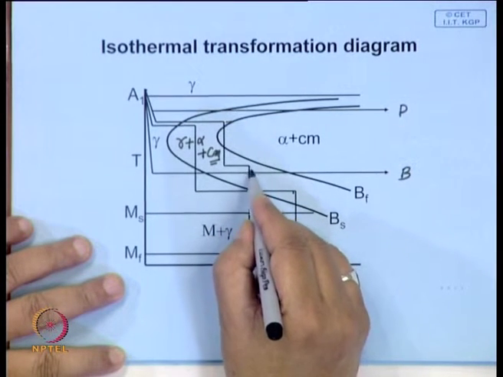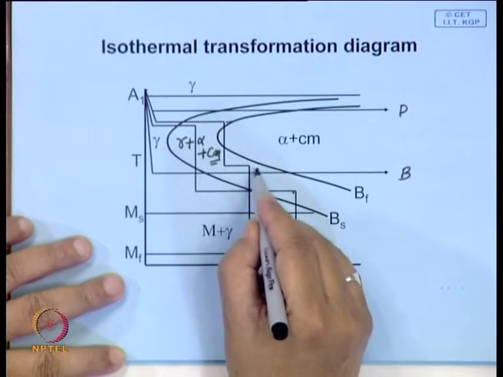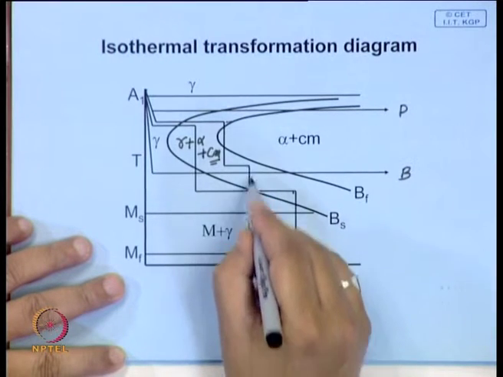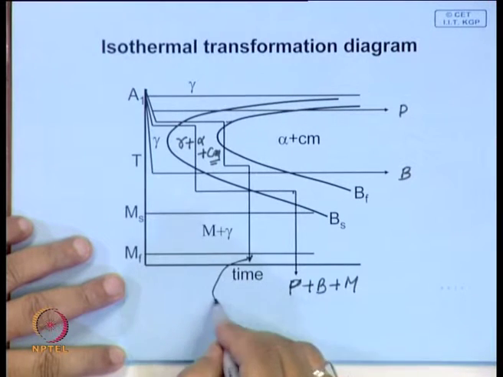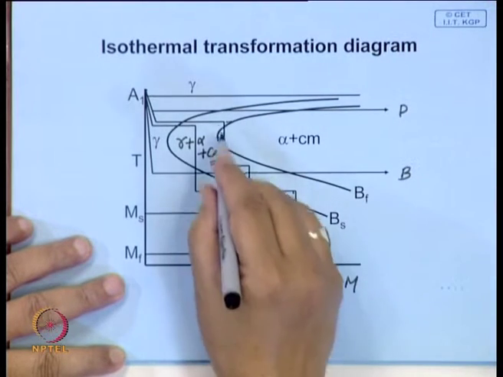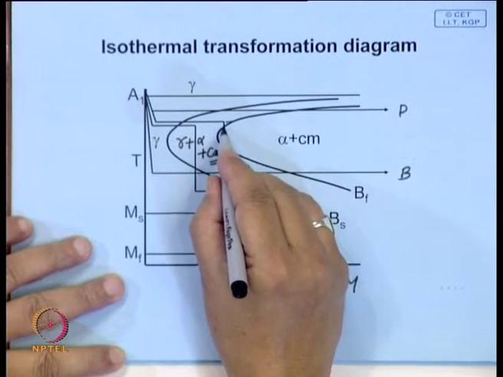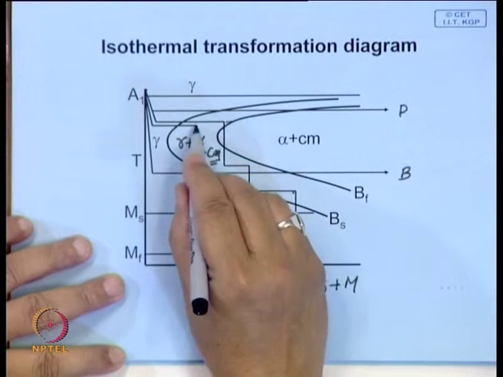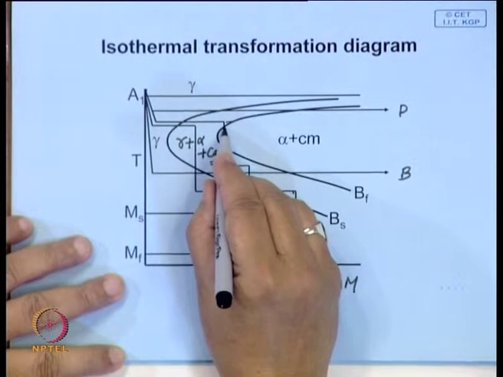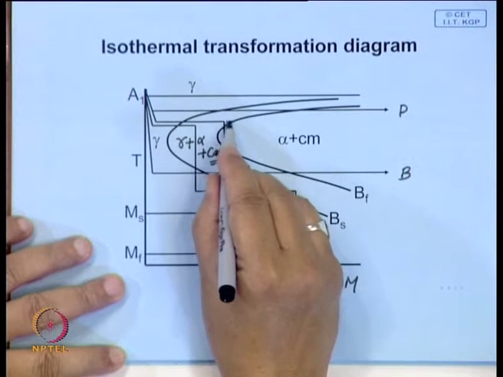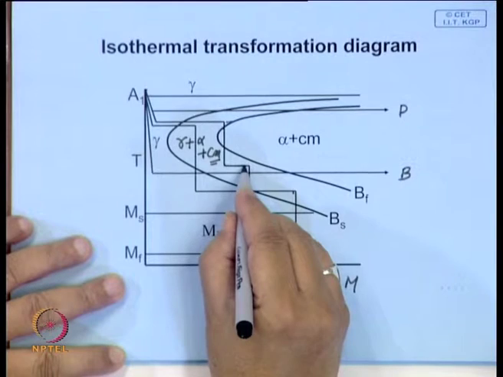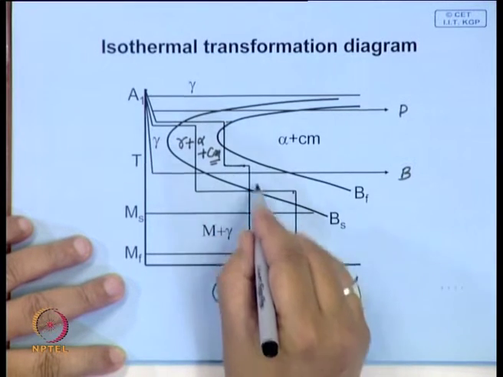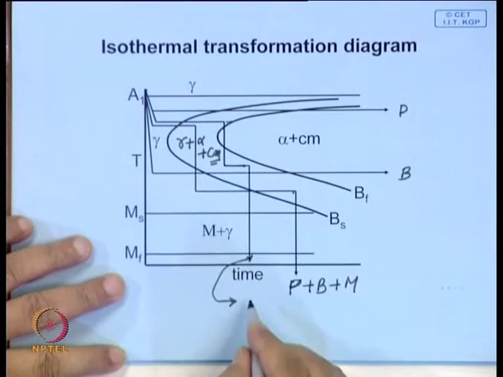And finally, if there is something left untransformed, if you quench from here, it can get transformed into martensite. So, here also, although it is crossing this line, it does not mean that this pearlite transformation is complete. This untransformed portion will undergo transformation isothermally here partly, and when you quench, the remaining portion will get converted into martensite.